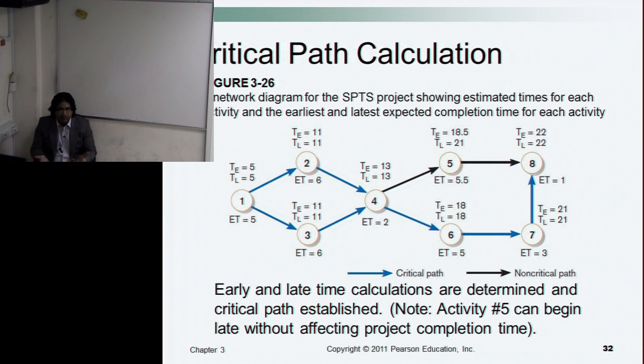It is the same. So the earliest time is 13. But sometimes what happens? The earliest time for activity 4 depending on activity 2 would be different from the earliest time depending on activity 3.